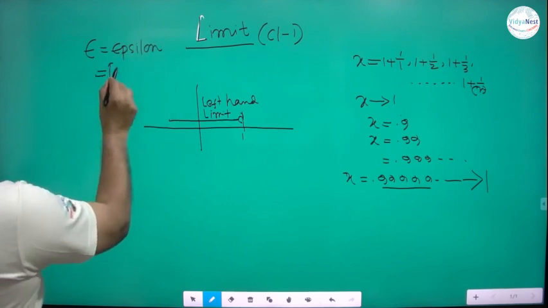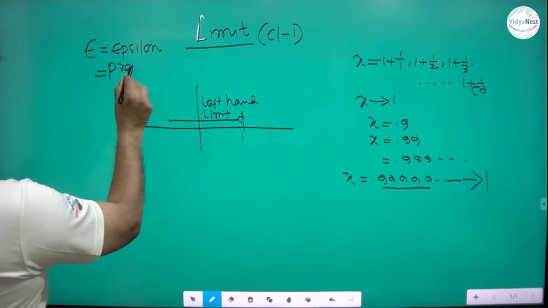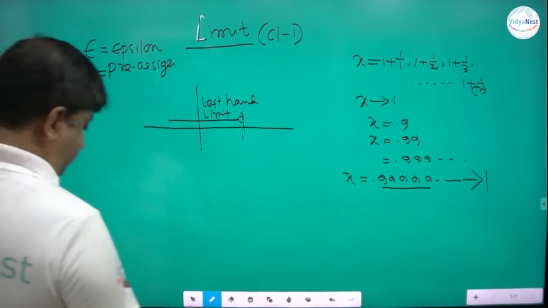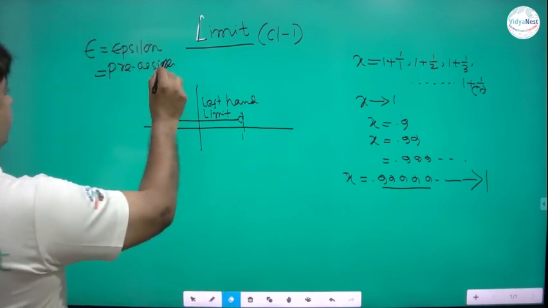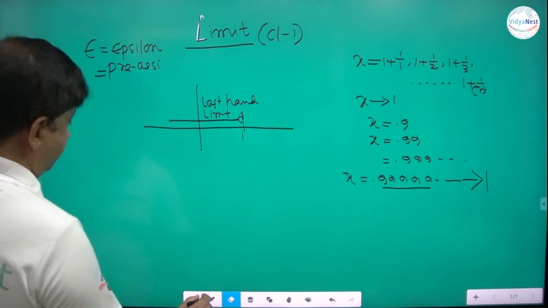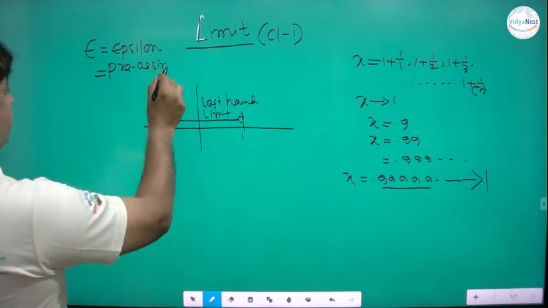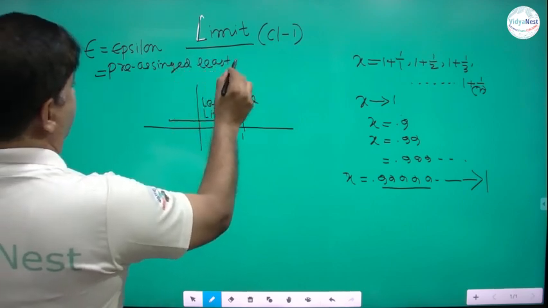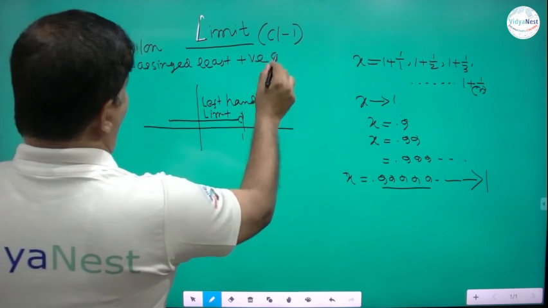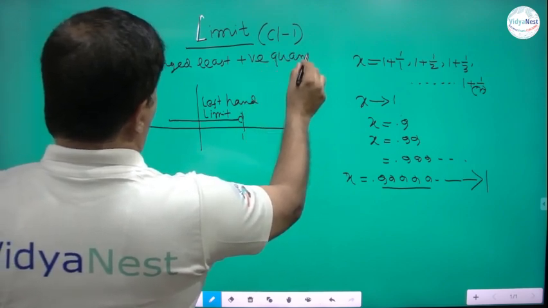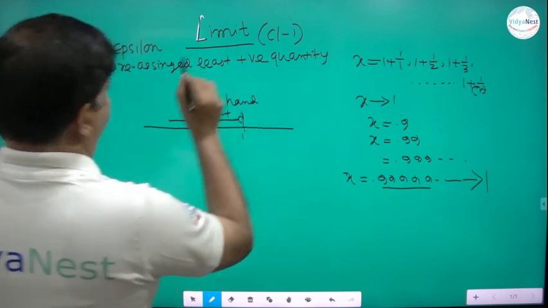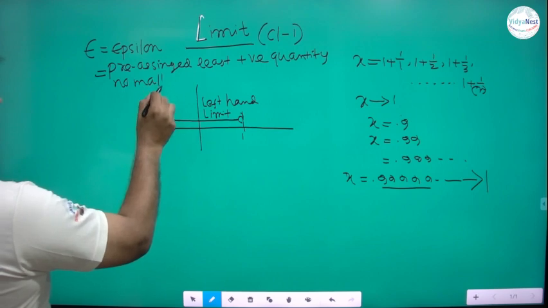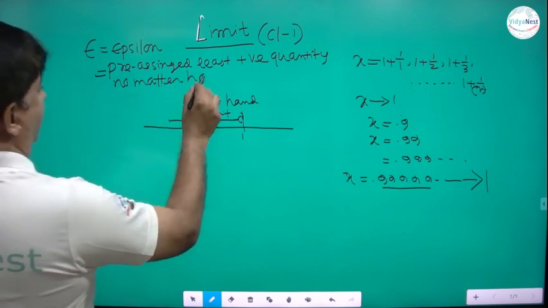Epsilon is a pre-assigned least positive quantity, no matter however small.